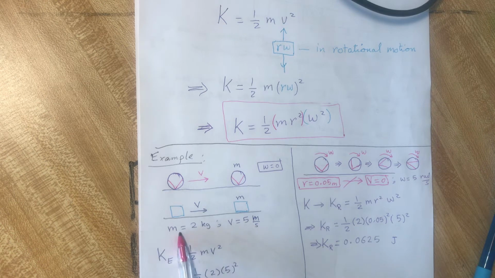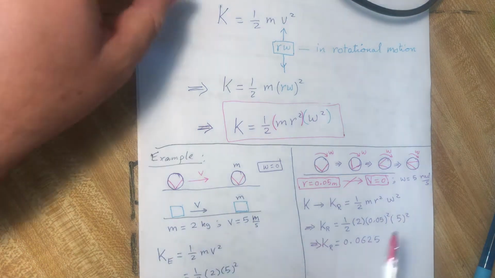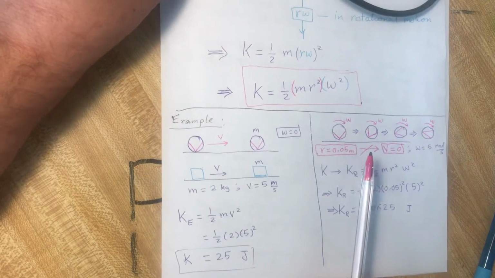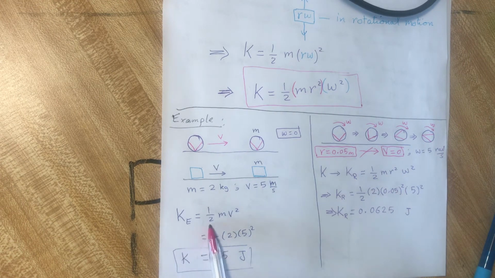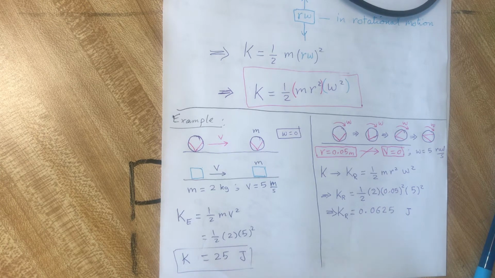If they have mass equal to 2 kilograms and velocity equal to 5 meters per second, how much is that kinetic energy? It will be half multiplied by m, which is 2, v squared, which is 5 squared, which is 25. Then the kinetic energy will be equal to 25 joules for the sliding box or sliding ball.